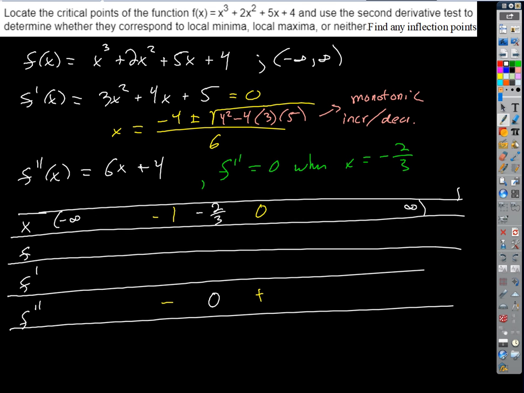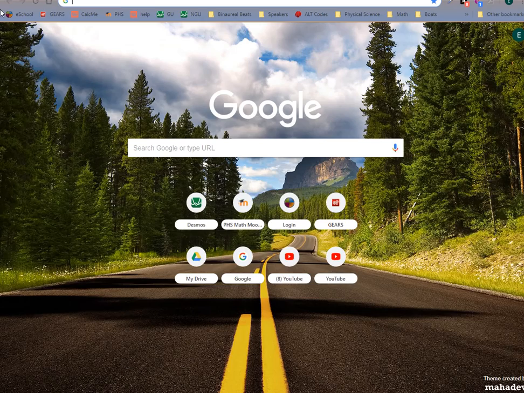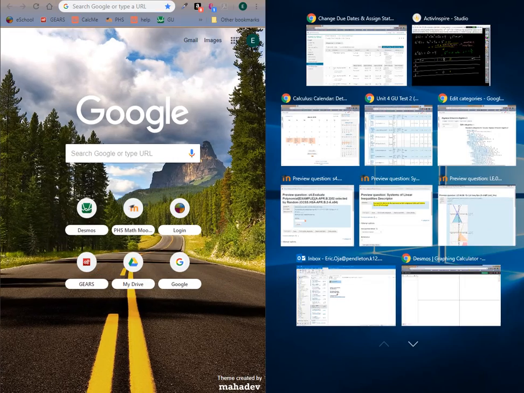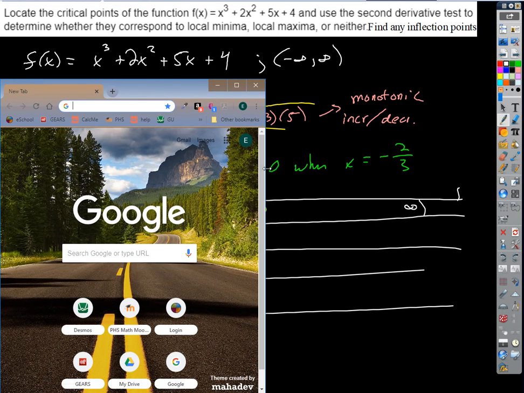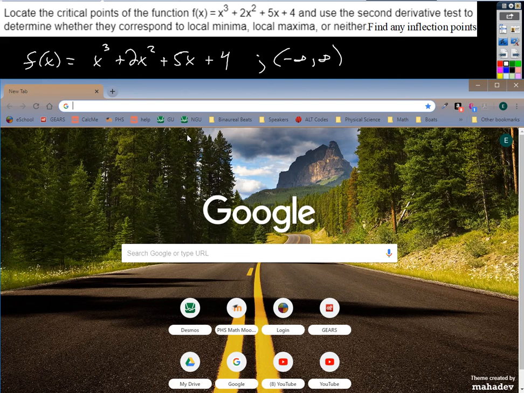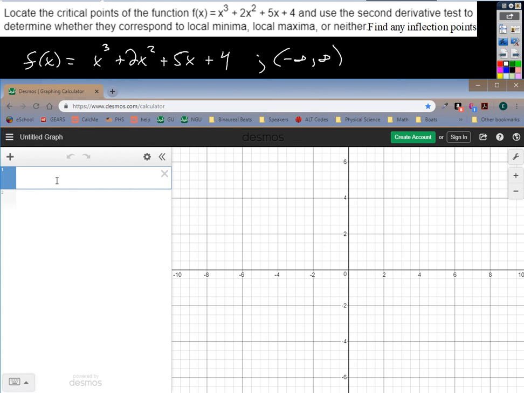Or I can put it in decimals, that'd be quicker. So f of x equals, decimals is so handy.